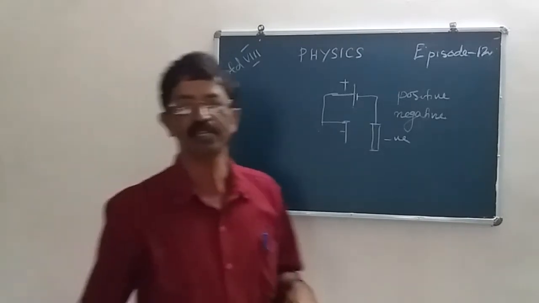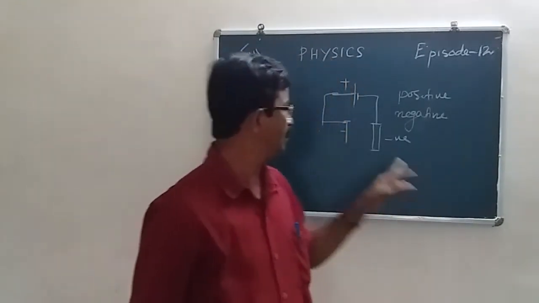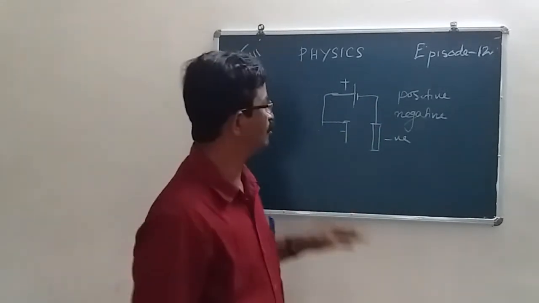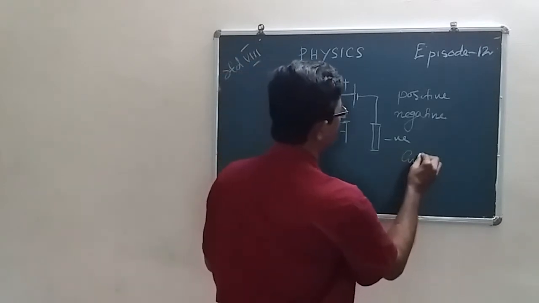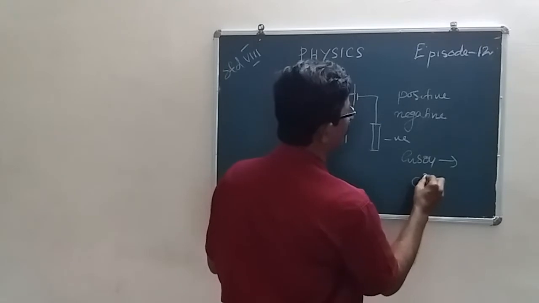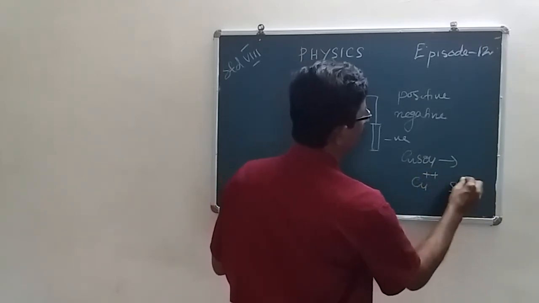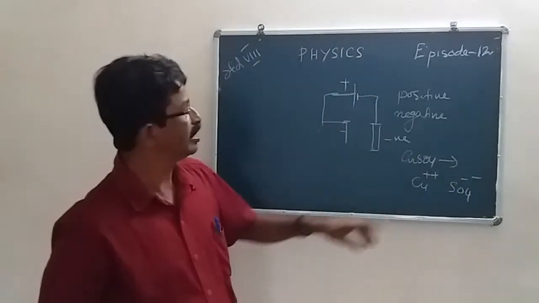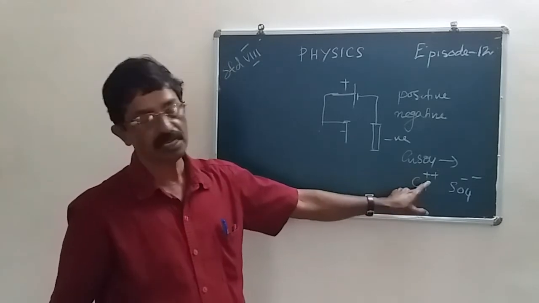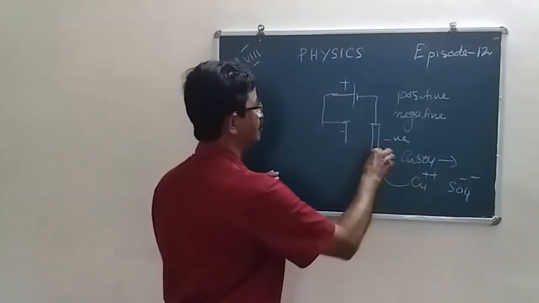Now we want to find out in which electrode copper is depositing. That means the positive electrode or the negative electrode. We know copper sulfate, when it breaks, becomes copper ion and sulfate ion. See, this copper is a positive ion. Always this positive ion moves towards the negative.